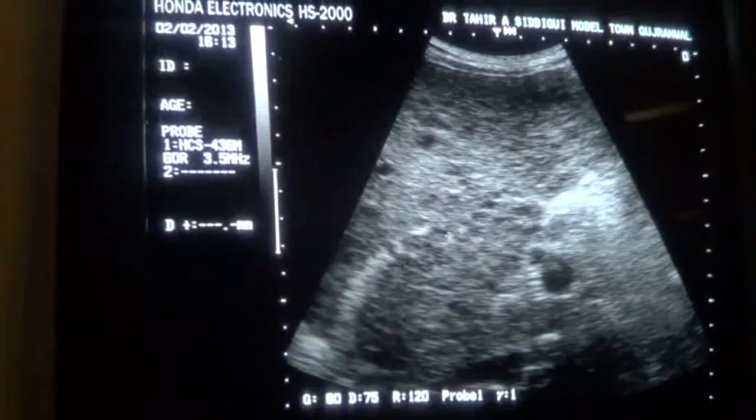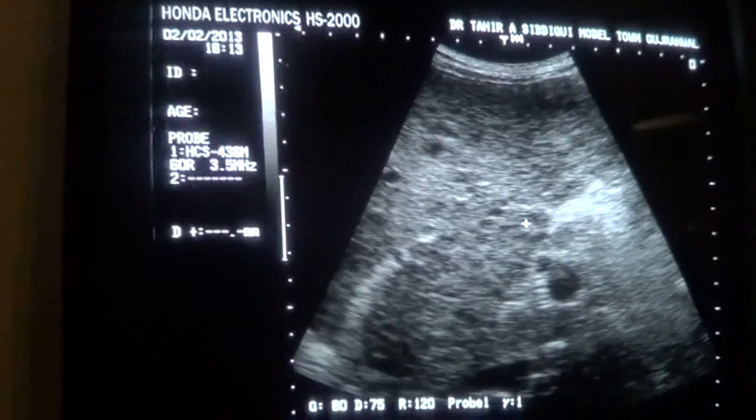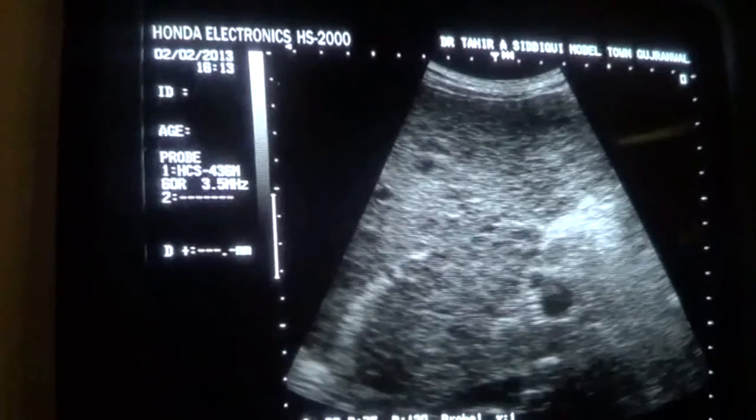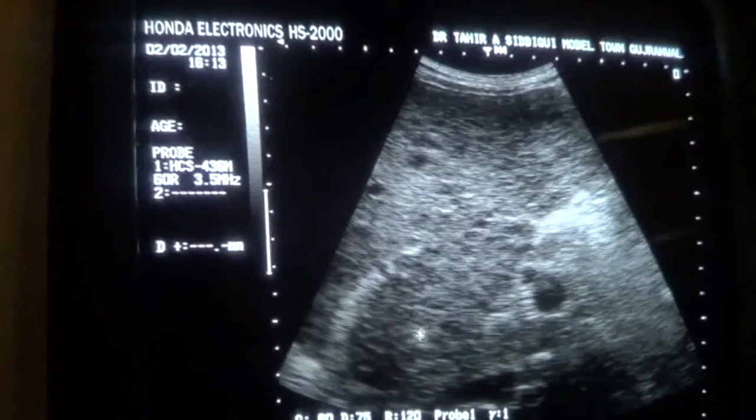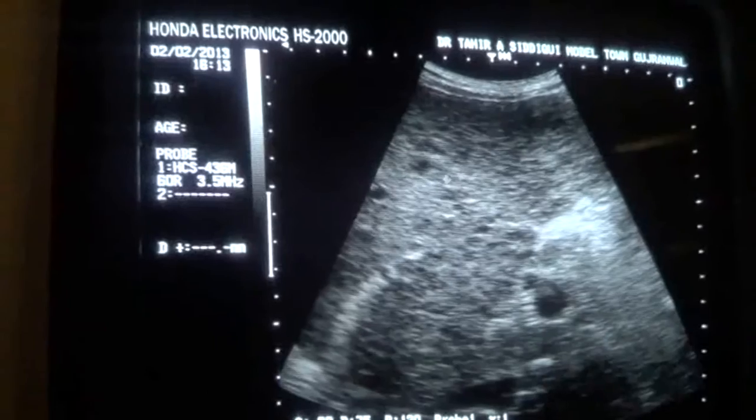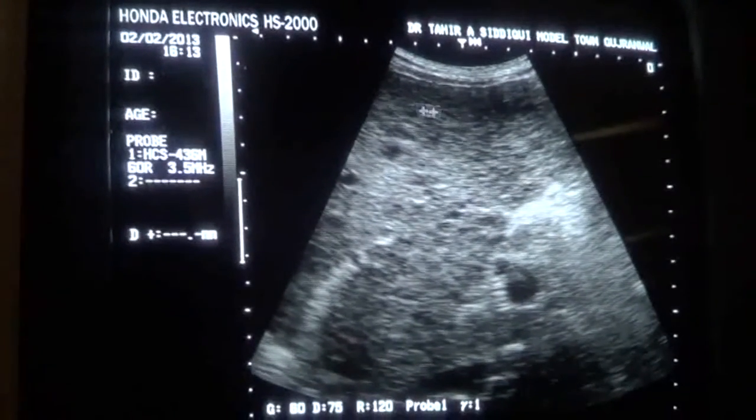In longitudinal section, this is the portal vein, and you see that the echogenicity and texture of the caudate lobe is almost equal to that of the liver anterior to it.